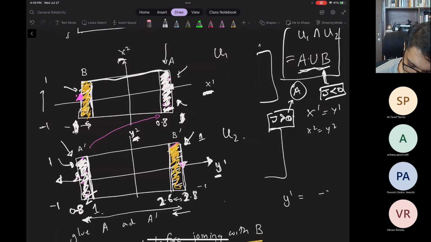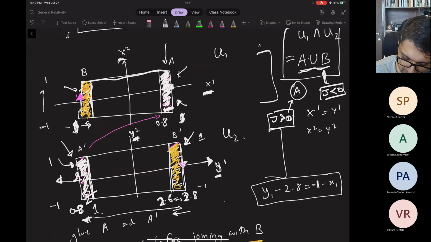So y1 is equal to minus x1, y1 minus 2.8 is equal to minus 1 minus x1.